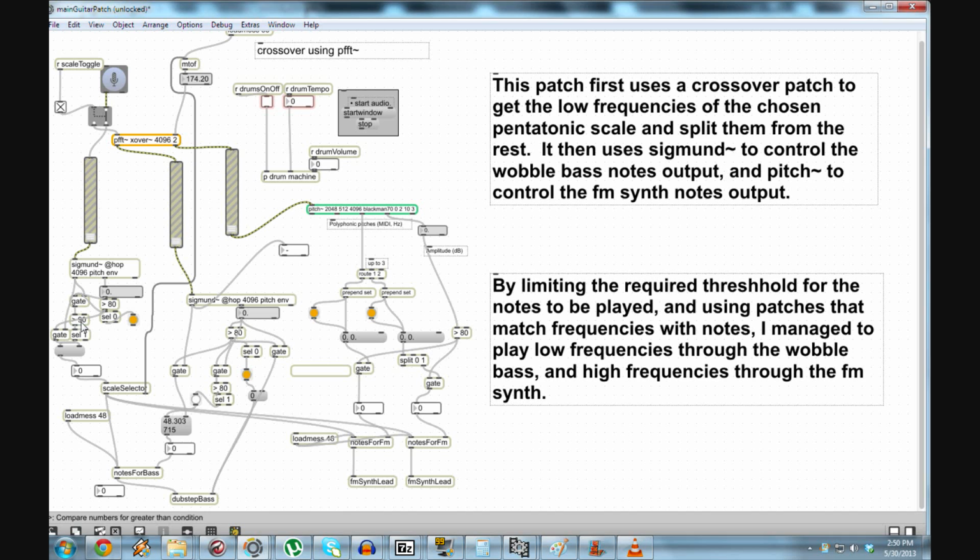From there, it checks if the note is 90 or more, just more security to make sure that the right note is played.